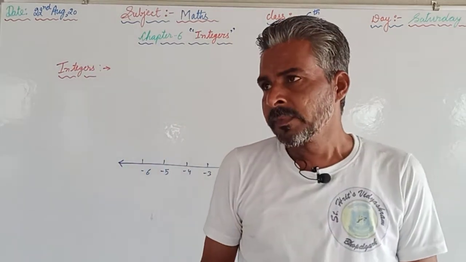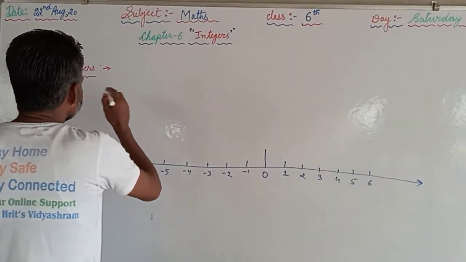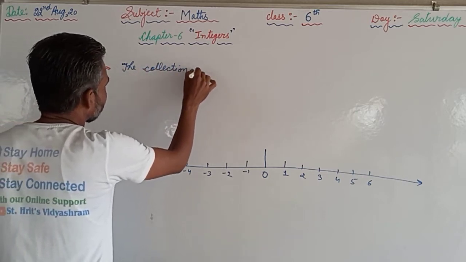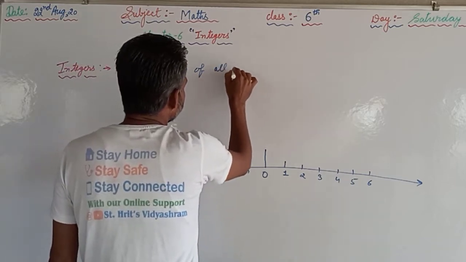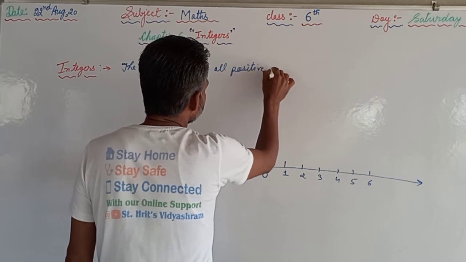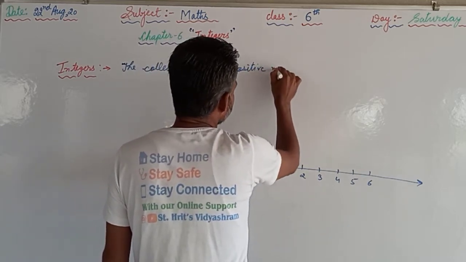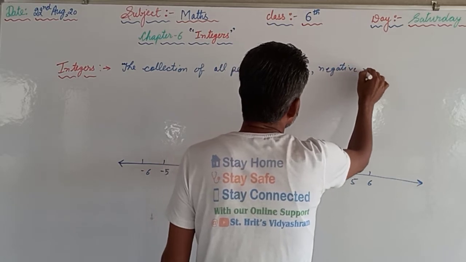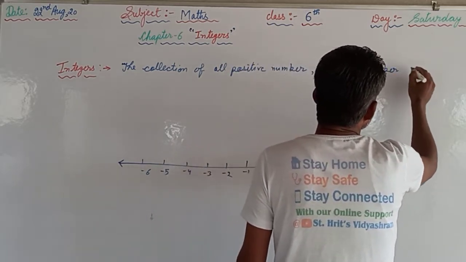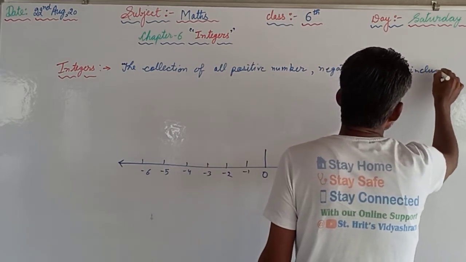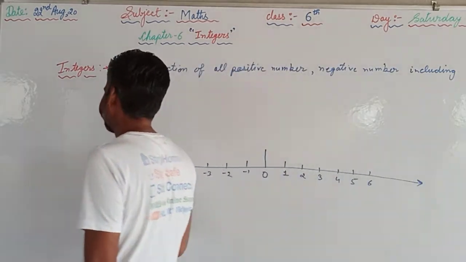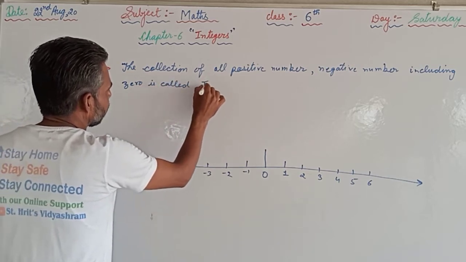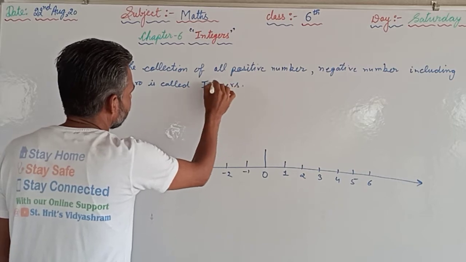So the definition of the integers is the collection of all positive numbers, negative numbers, including 0 is called integers.